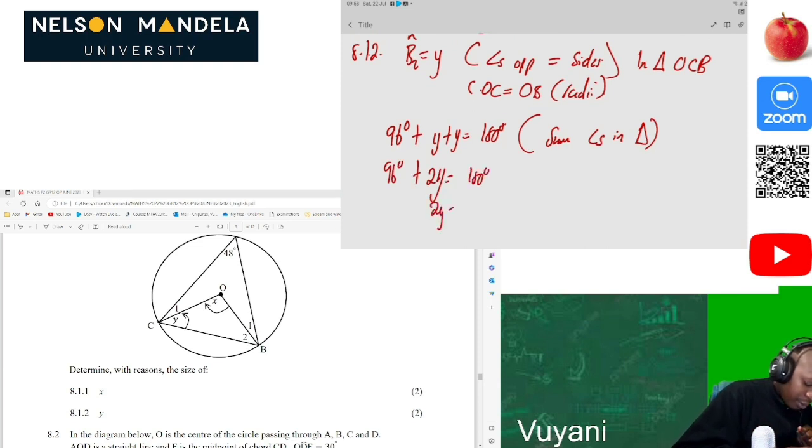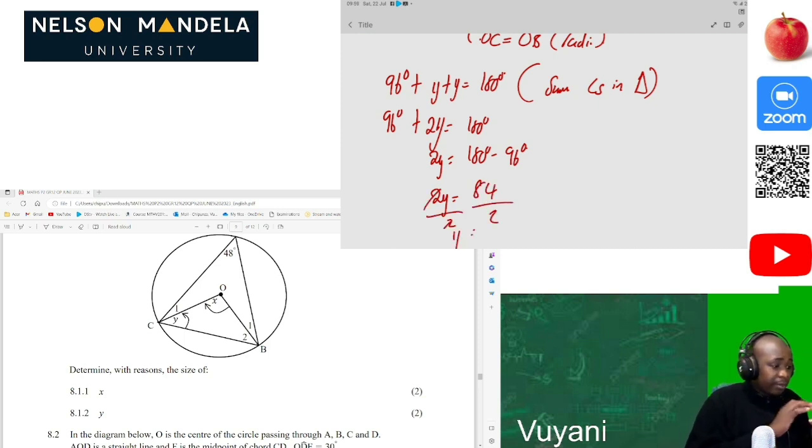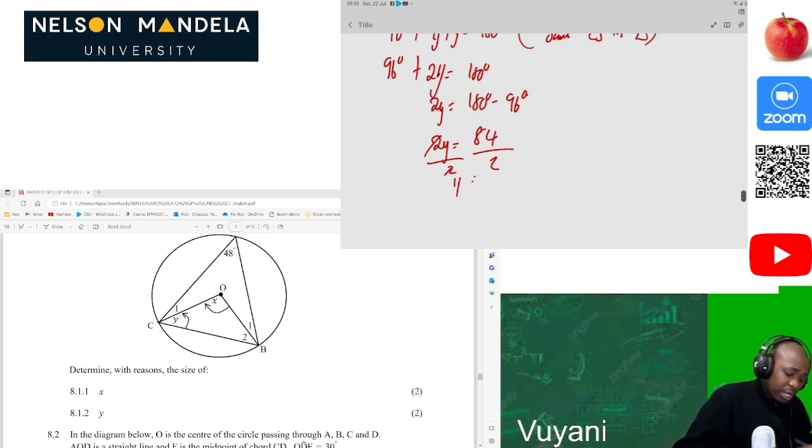Then 2y will be equal to 180 degrees minus 96 degrees, which is 84. Then we divide by 2, so y is equal to 84 divided by 2, which is equal to 42. So our value of y is equal to 42 degrees.